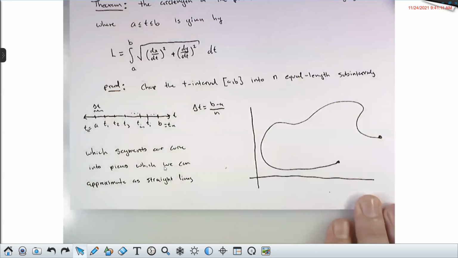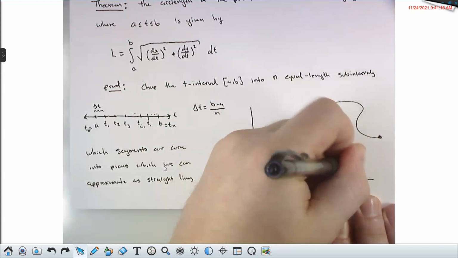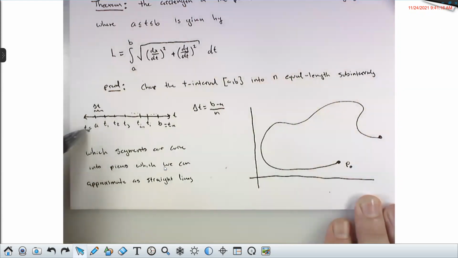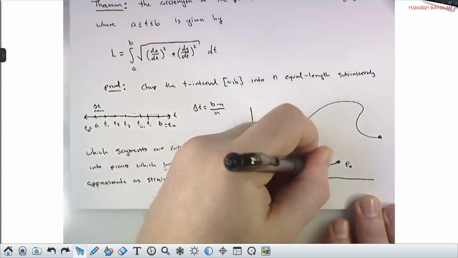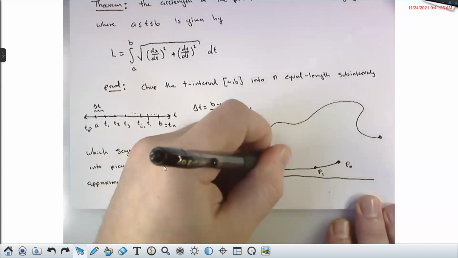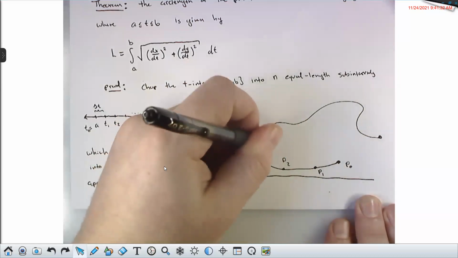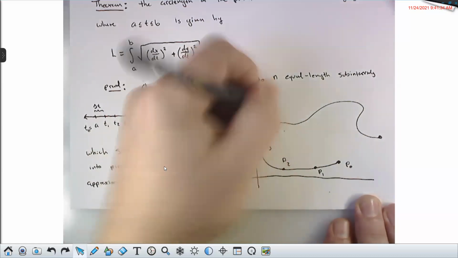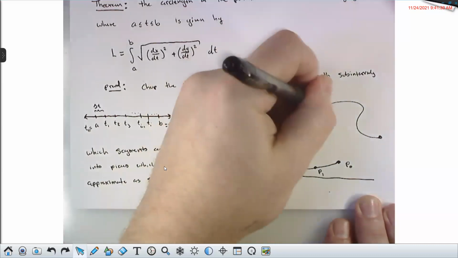So this point I'll call P0, the point associated with T0, or A, the time T equals A, it's my initial point. P1 maybe. P2. P3. Maybe here I've got Pi minus 1.